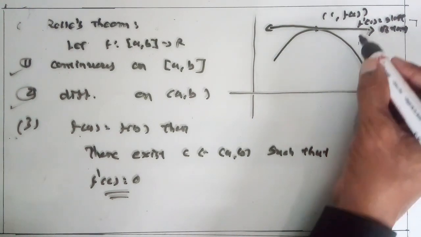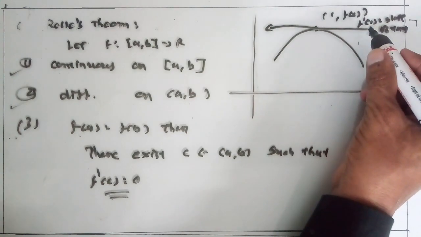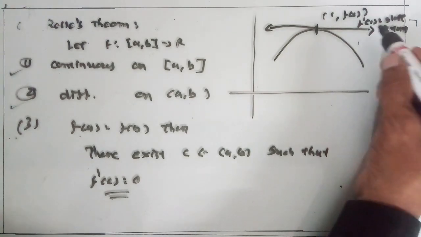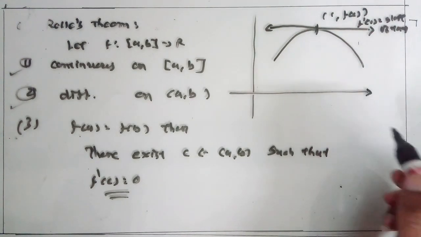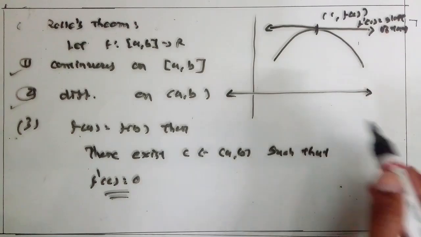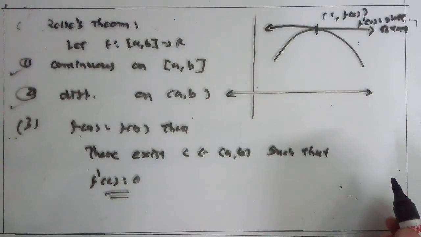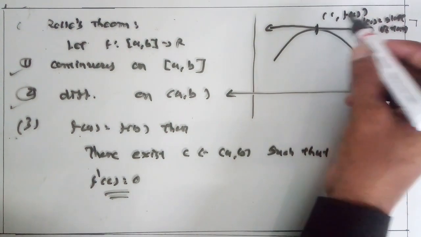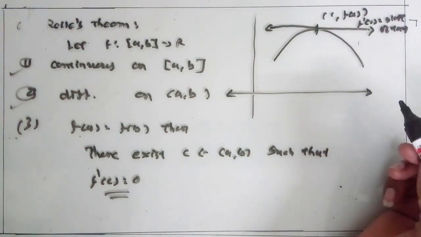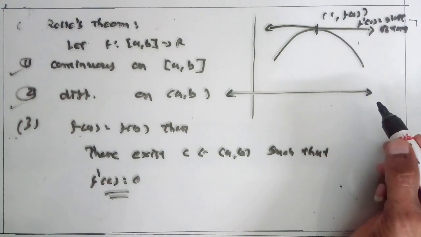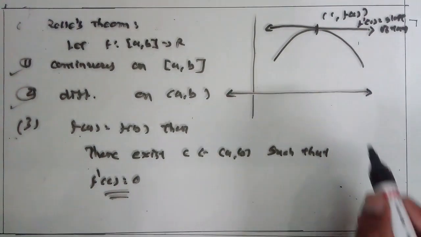Slope of tangent f'(c) is equal to 0, and the slope of a line parallel to the x-axis is always 0. You know that. That means the tangent at (c, f(c)) becomes parallel to the x-axis. Then f'(c) equals 0.